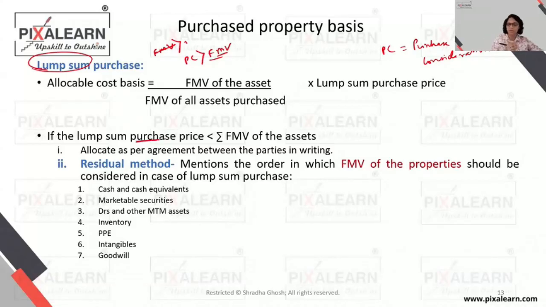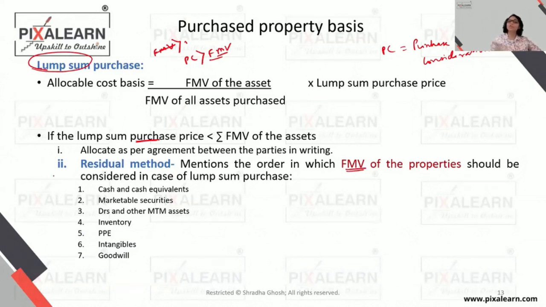If I have paid less, then now there's a problem. Why? Because now I cannot ignore that certain assets are more liquid than the others. I cannot deal with the liquid assets in the same way in which I deal with the non-liquid assets. So if there is a bargain purchase, where I got so many liquid and illiquid items and paid a lower figure than the worth of what I was receiving, then first look at the fair market value of the properties and rank them in order of liquidity.